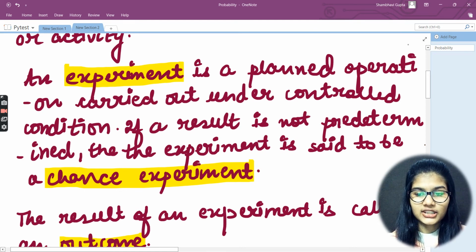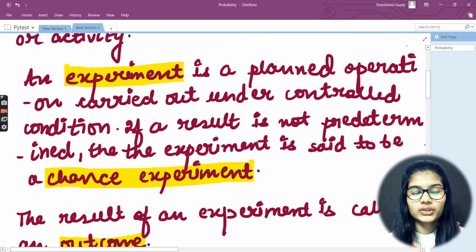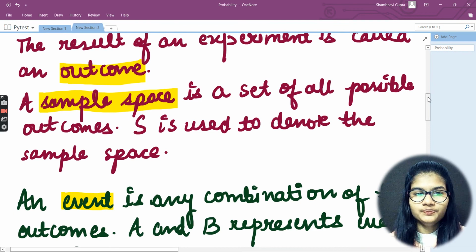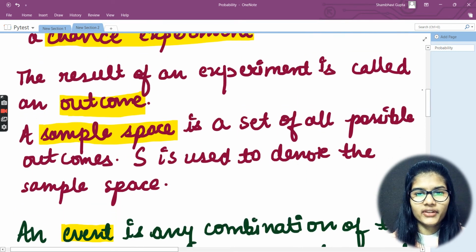If a result is not predetermined, then we say that the experiment is said to be a chance experiment. What we mean by outcome is the result of an experiment.